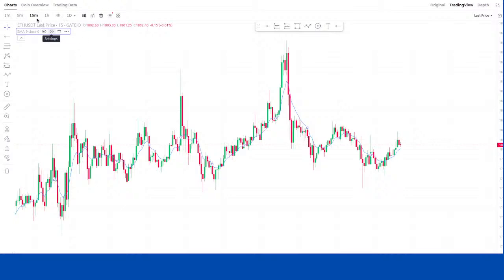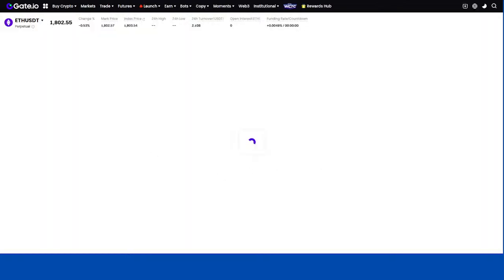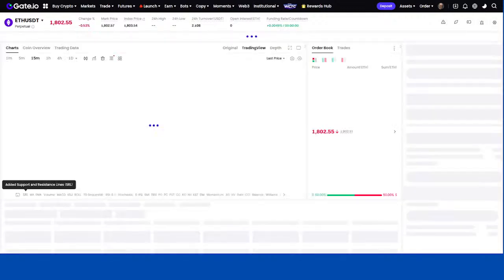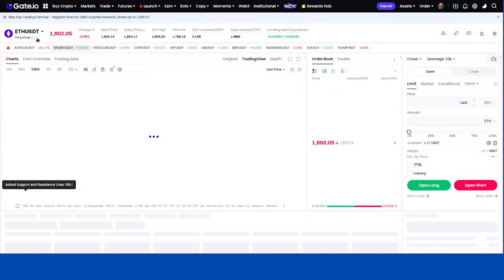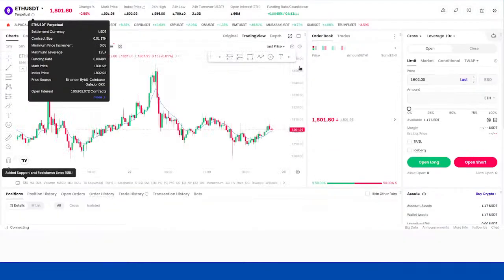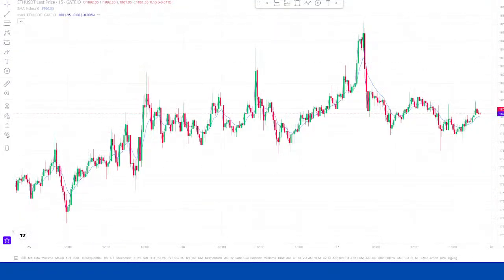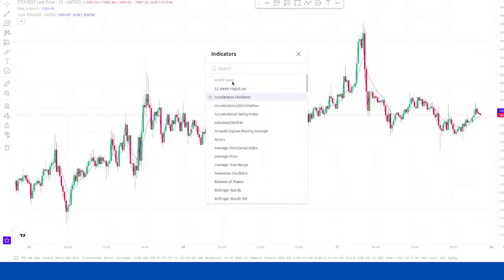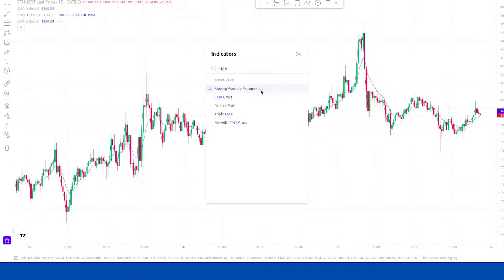Sorry, wait as it loads. When you come here on moving average, okay, let's increase the size. We go to settings and search moving average, exponential, EMA, exponential moving average. So we have clicked and added another one.